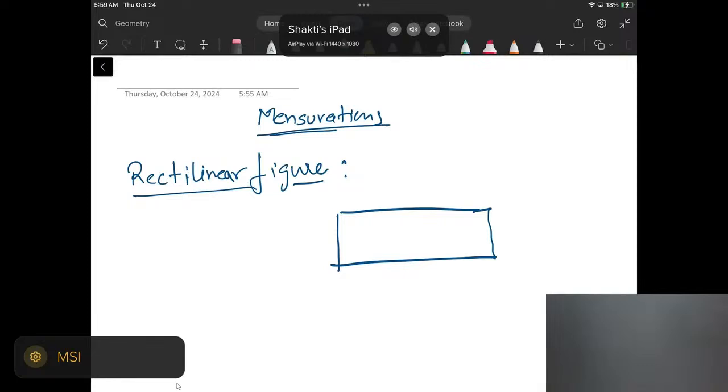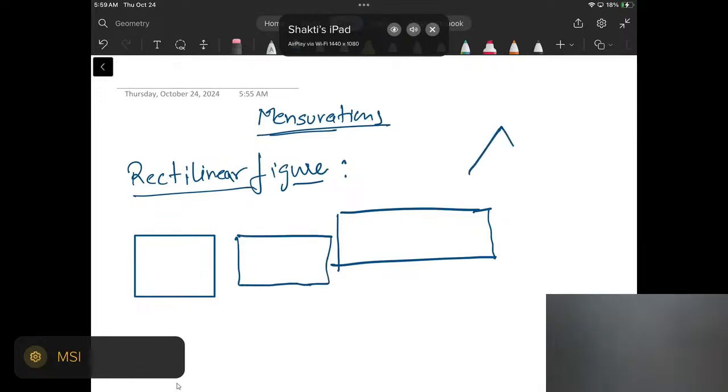So now we'll understand what the rectilinear figures are. Let's take a square, another example of a rectangle, a triangle, a parallelogram, and a rhombus over here. So all these are examples of rectilinear figures.